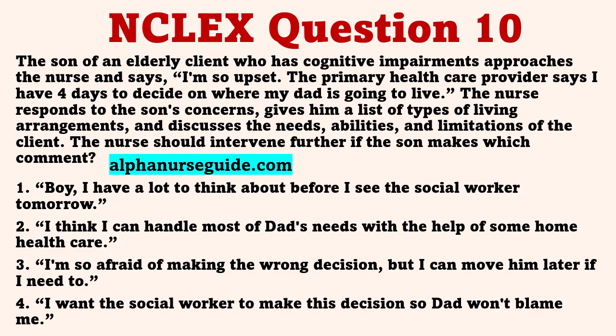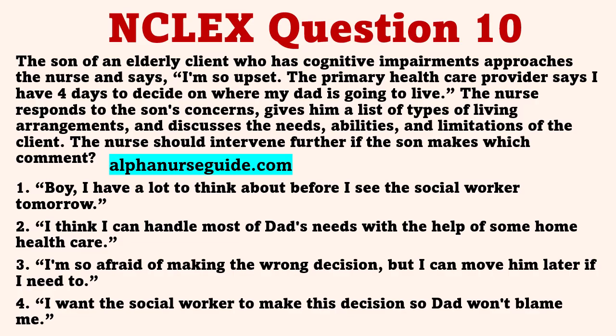The son of an elderly client who has cognitive impairments approaches a nurse and says, "I'm so upset. The primary healthcare provider says, I have 4 days to decide on where my dad is going to live." The nurse responds to the son's concerns, gives him a list of types of living arrangements, and discusses the needs, abilities, and limitations of the client.